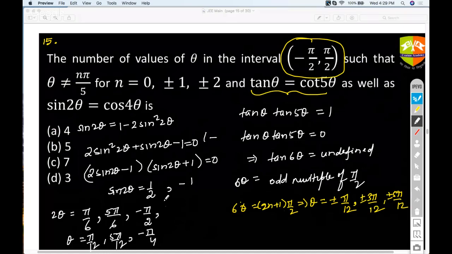So Kushal, how are you getting three values? Yeah, so ideally there should be only two answers.